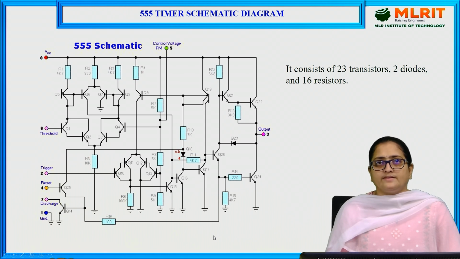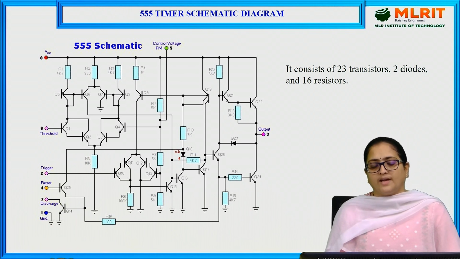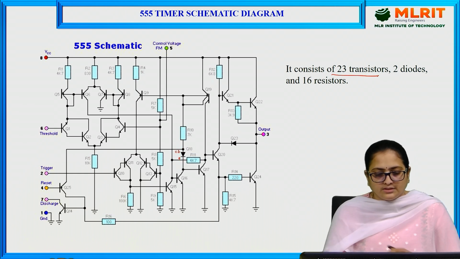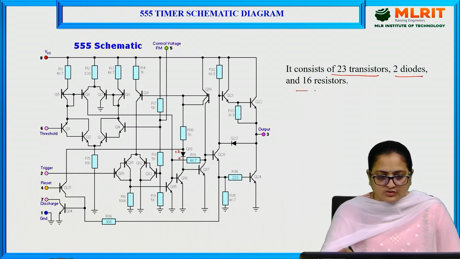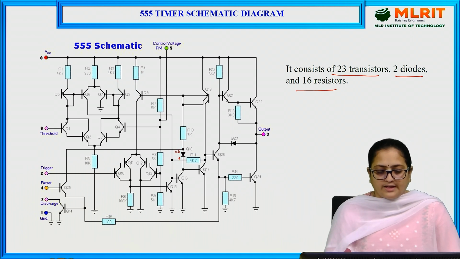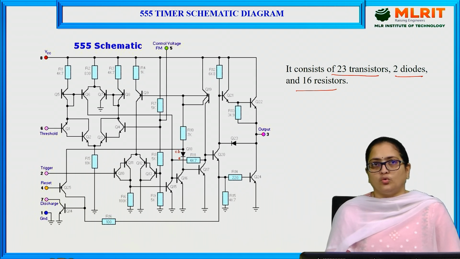This is an IC 555 timer schematic diagram. See here, it consists of 23 transistors, 2 diodes and 16 resistors. And the schematic diagram shown consists of 8 pins.